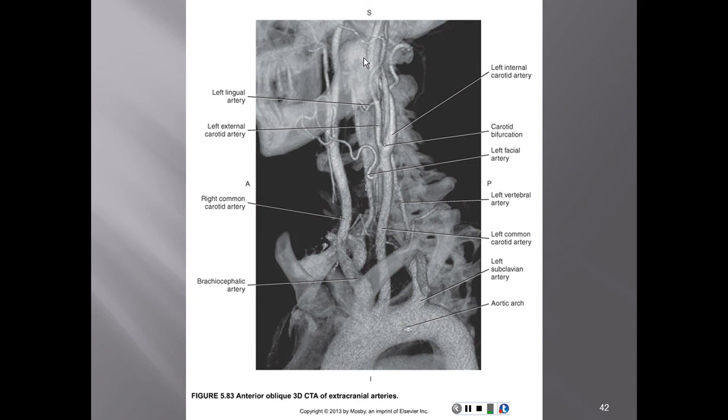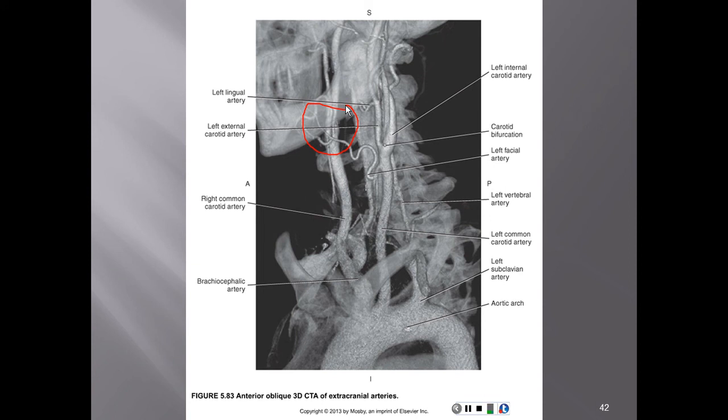This is a CT image, anterior oblique 3D CTA of the extracranial arteries, which shows the bifurcation of the common carotid into the internal and external carotid rather well. You even see the left facial artery, and if you actually feel on your mandible in this region right there, you can actually feel a pulse.